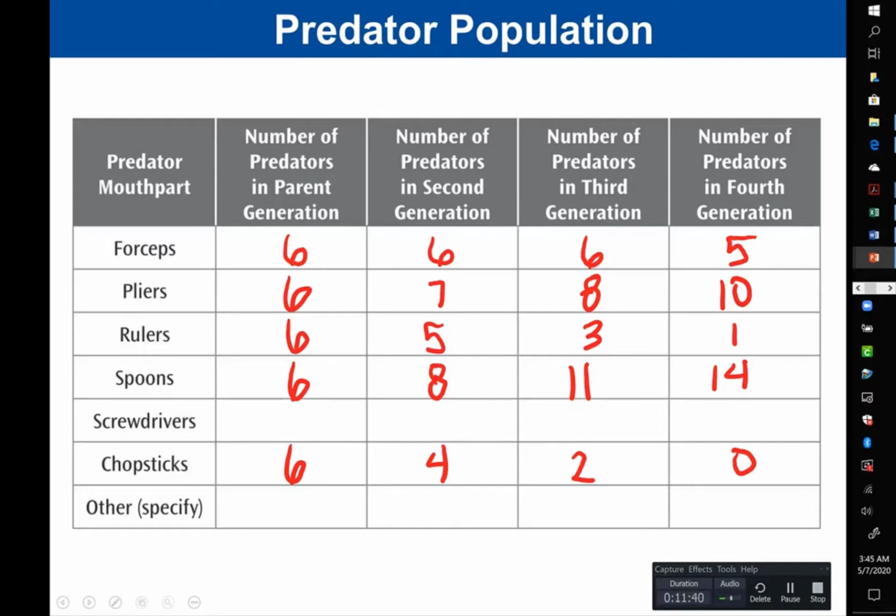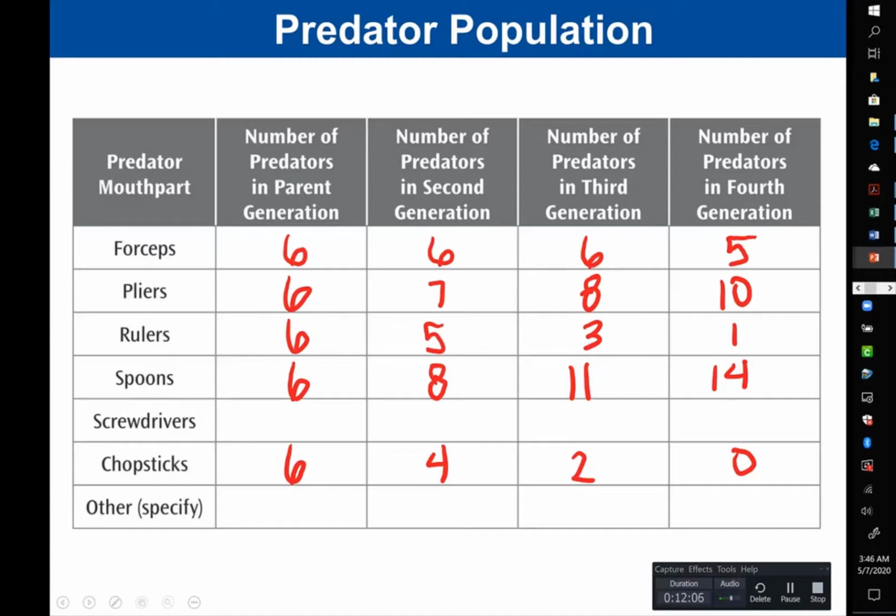So if we're thinking about a graph and our X and our Y, we want to think about which one is our dependent and which one is our independent. So does the predator population depend on the generation, or does the generation depend on the number of predators?